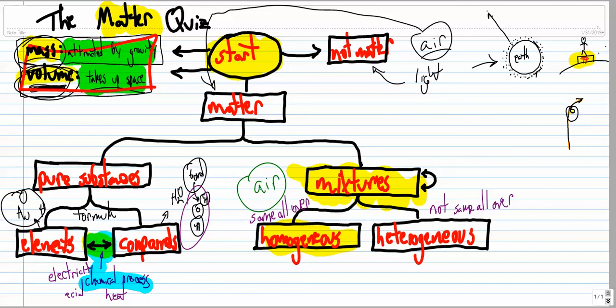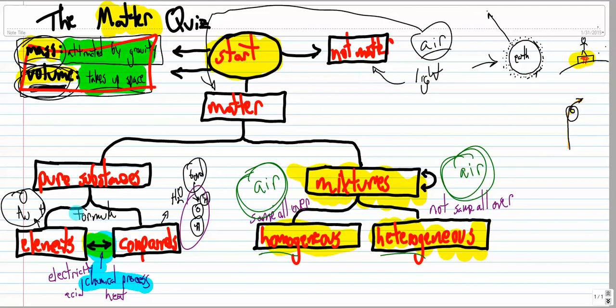If you walk by someone who's wearing perfume or cologne, you might smell cologne in one part of the room but not in another. So in that case, the air could be said to be heterogeneous. It's not the same all over. So I'm putting it in both places here just to give you a heads up that if you are asked a quiz question, you might have to think a little bit about homogeneous or heterogeneous.